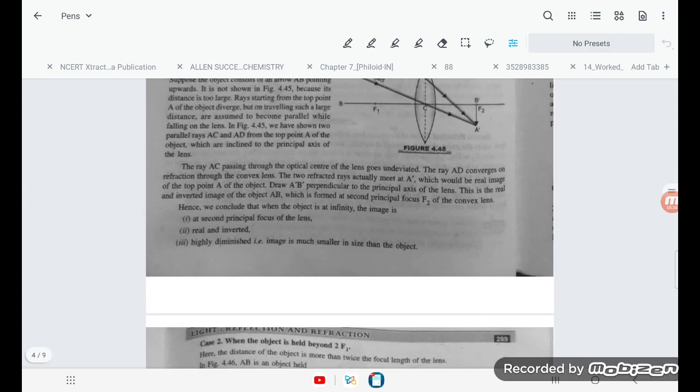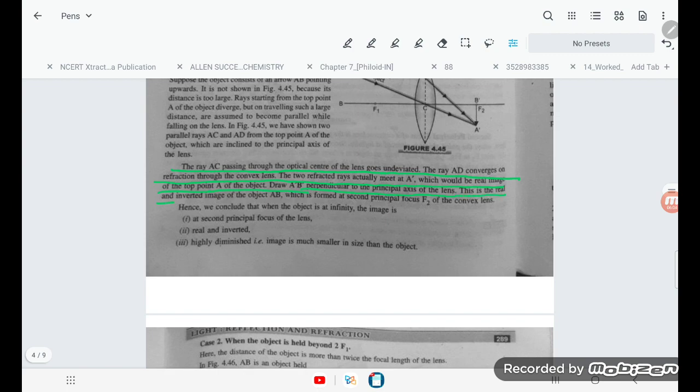Student, you see the ray AC passing through the optical center goes undeviated and ray AD converges on refraction through the convex lens. The two refracted rays meet at A dash, which would be the real image of the top point A of the object. Draw A dash B dash perpendicular to the principal axis of the lens.